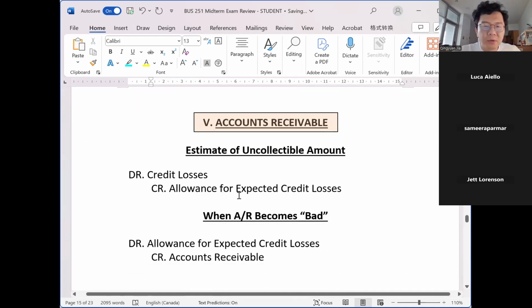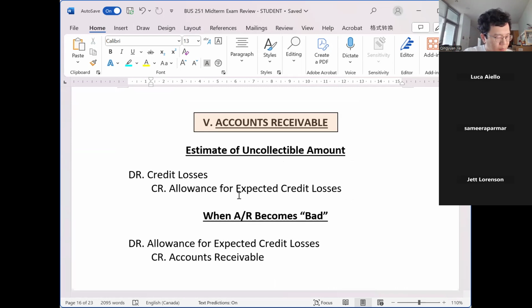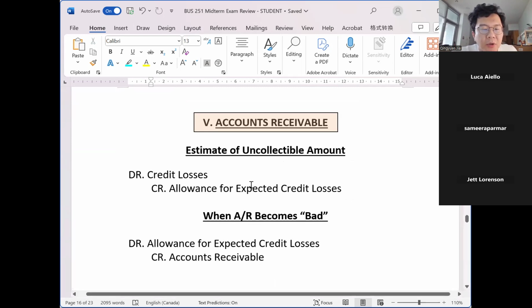Okay, so let's move to the next part. Account receivable. Here we have the concept of credit loss and allowance for expected credit losses.